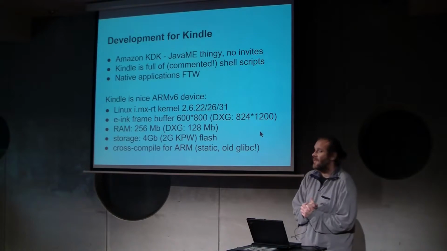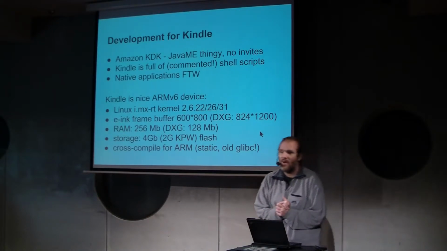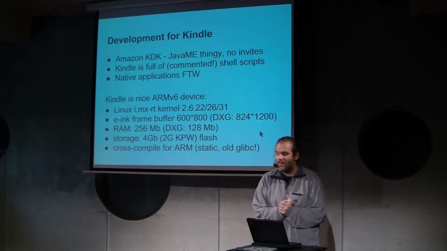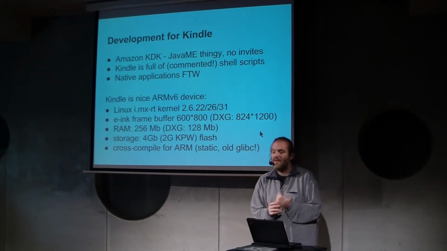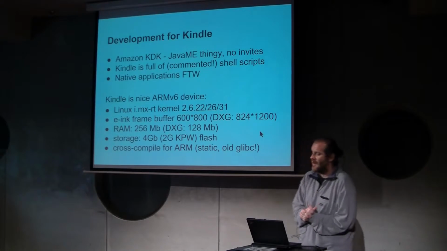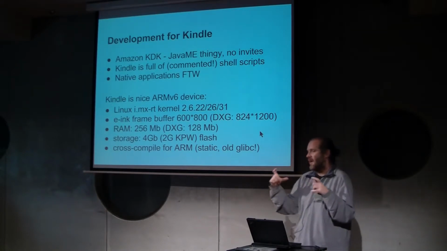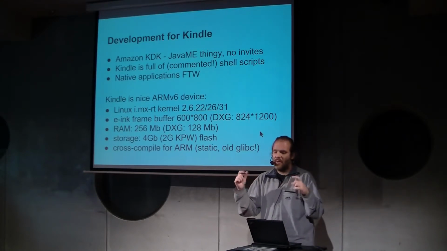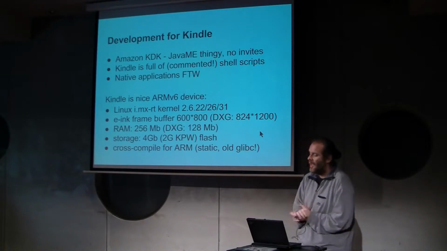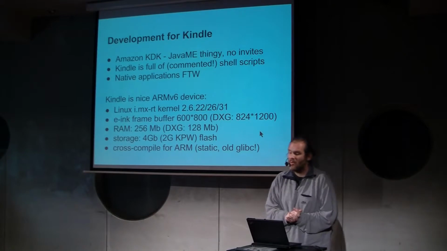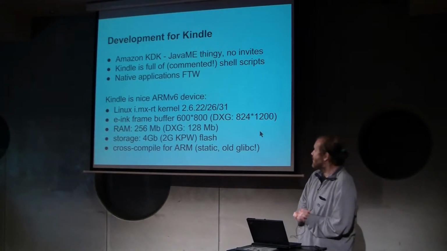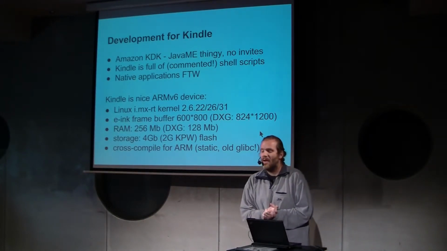It's basically a Linux device with an unaccelerated frame buffer, which is your e-ink screen, and it works very, very nicely. Basically, Kindle is an i.MX ARM platform, which is an ARM core with a driver for the e-ink screen, and depending on the operating system version, you are looking at 2.6.22, 2.6.26, or 2.6.31 kernels.